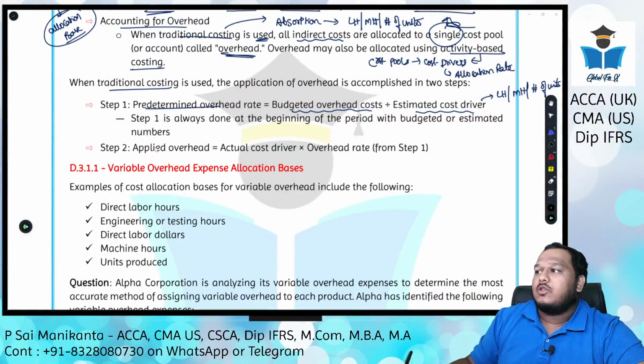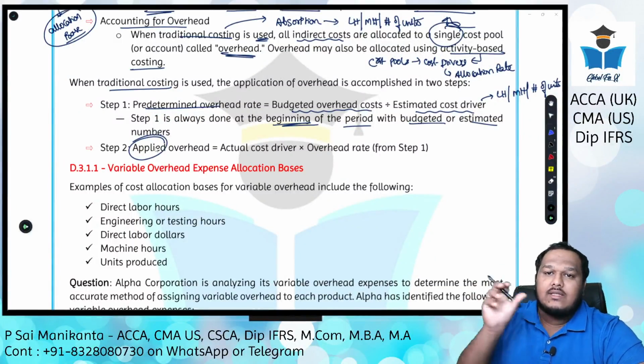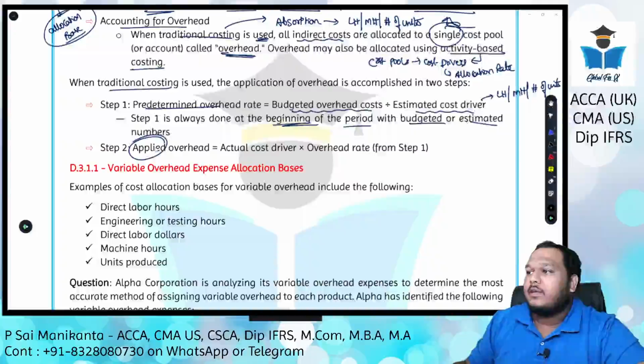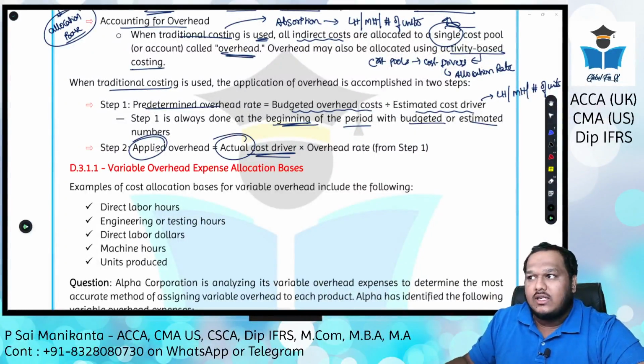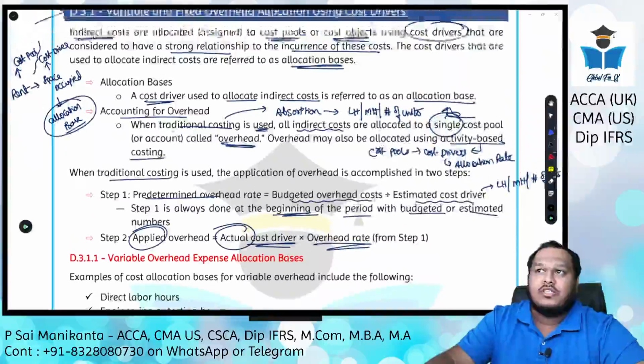Step 1 is always done at the beginning of the period with budgeted or estimated numbers. And how do we apply them? As and when labor hours or machine hours are spent, or units produced, we multiply the actual cost driver by the overhead rate from step 1. That's how we do it in traditional costing, right?